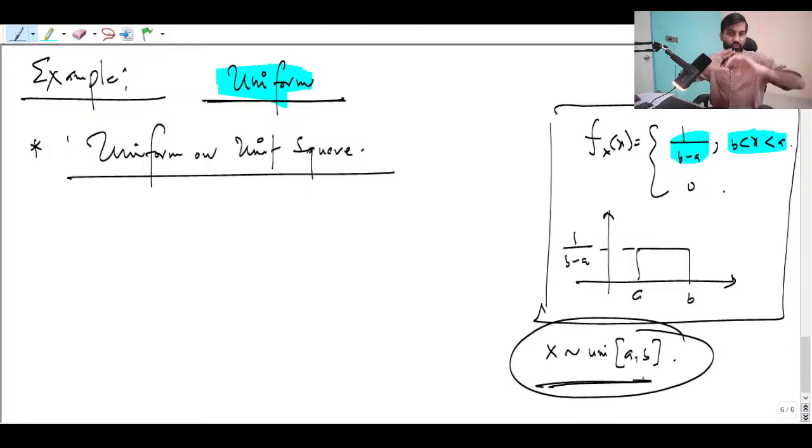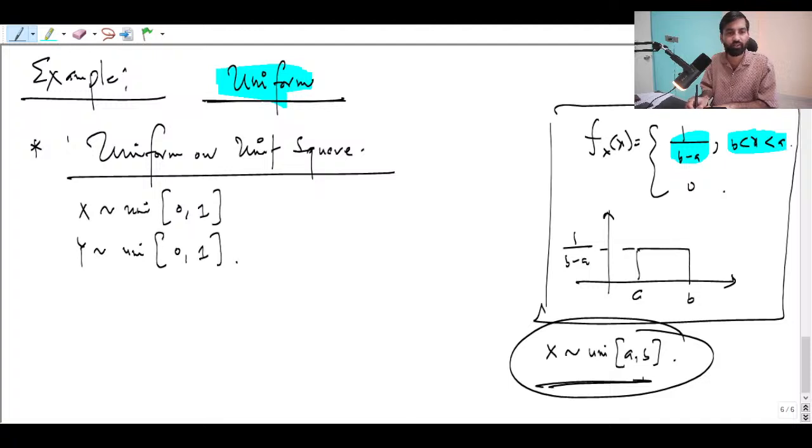So your region of support is going to be the unit square. What kind of information will be given? X is uniform on 0 to 1, and the other random variable is also uniform on 0 to 1.